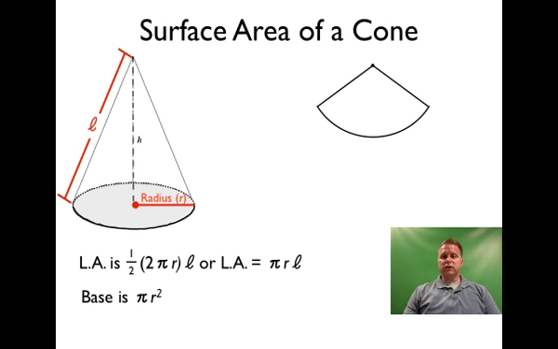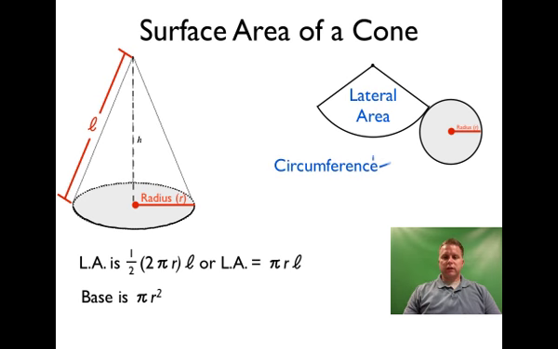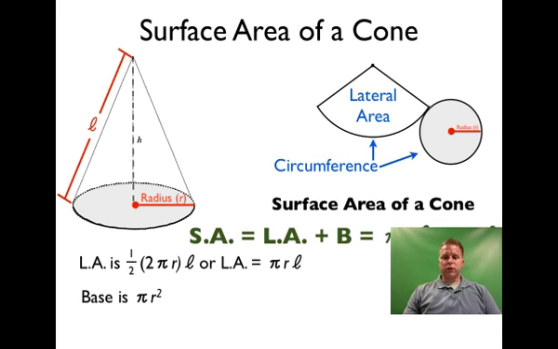If we unwrap it, it's going to look kind of like a semicircle. That's our lateral area. And then we have our base. And it doesn't matter where you put the base, but whatever works for you. The circumference there. So our formula is the surface area is equal to the lateral area plus the base.